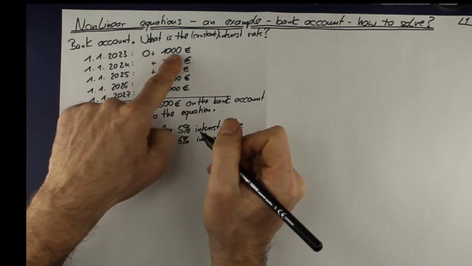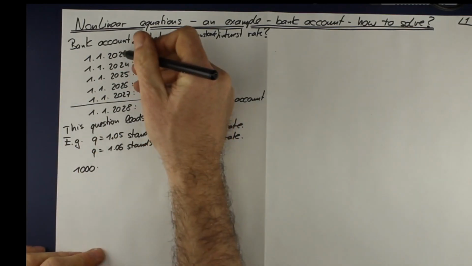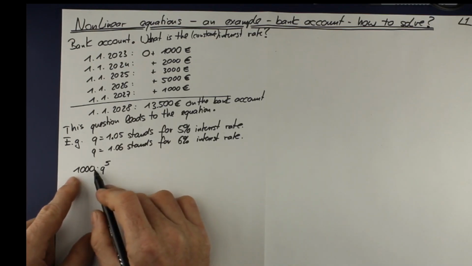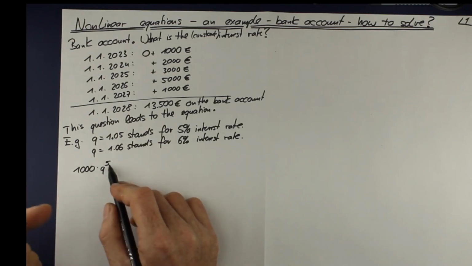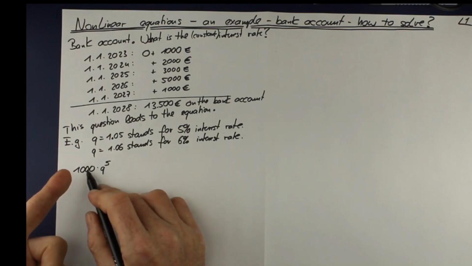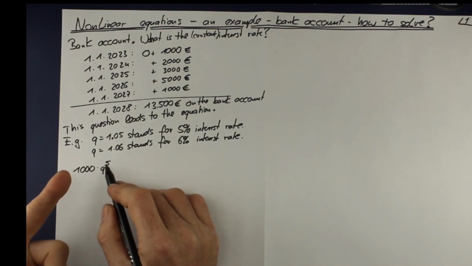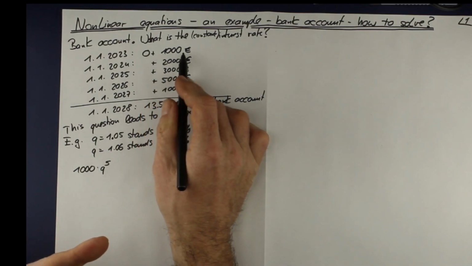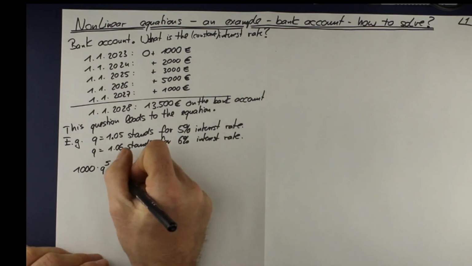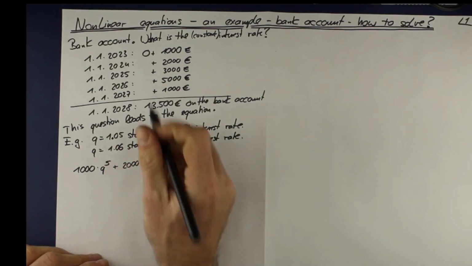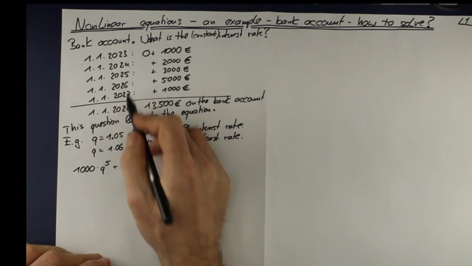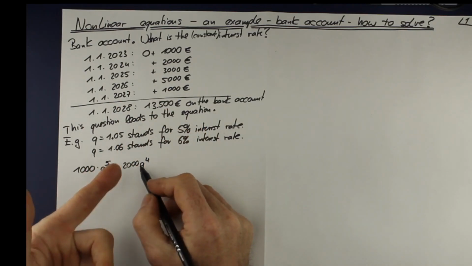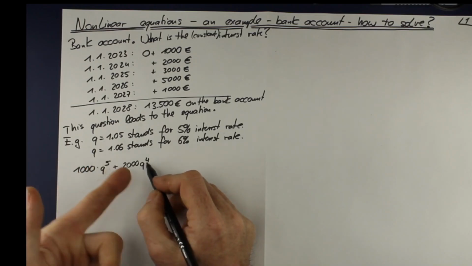So the first €1,000, from here to that, is 5 years, and that means 1,000 times q to the 5th power. This would be the sum on the bank account if there had been only these €1,000. But then again we had €2,000, but it was only 4 years here, so we have another 2,000 times q to the 4th power.